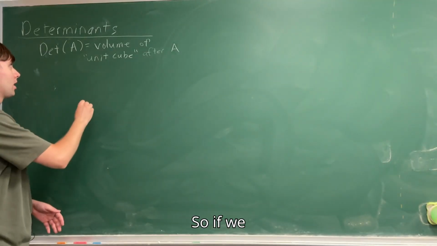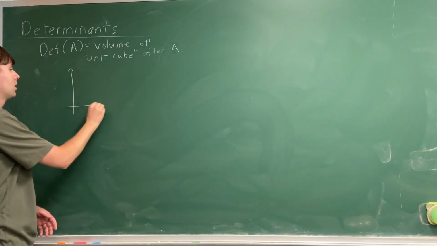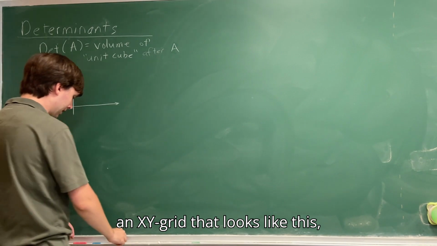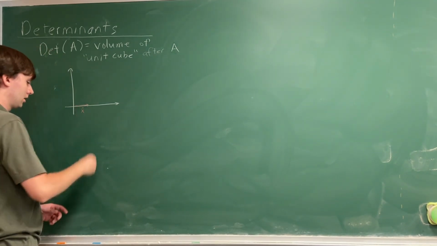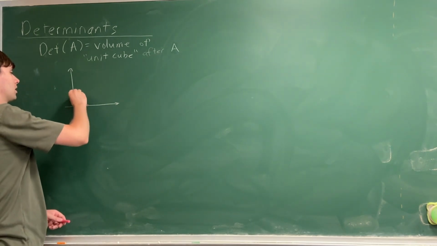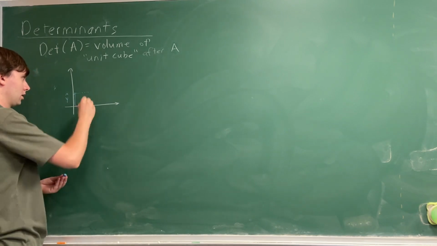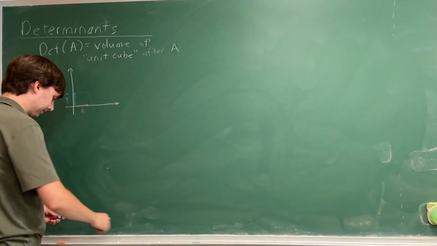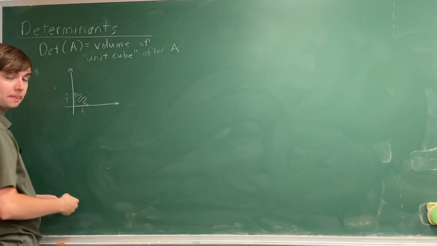So if we have an xy grid that looks like this, my unit cube looks like that.